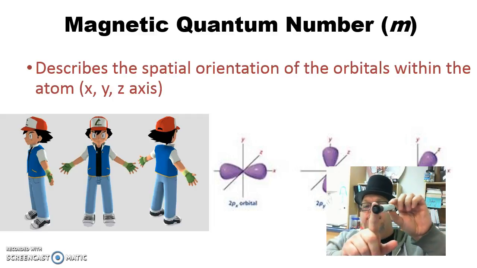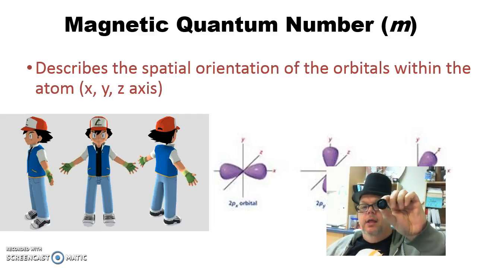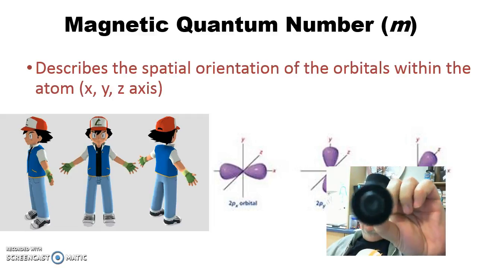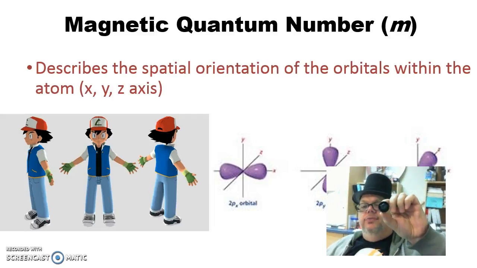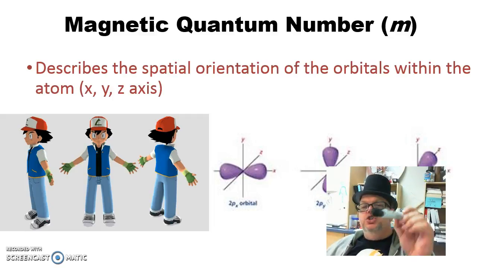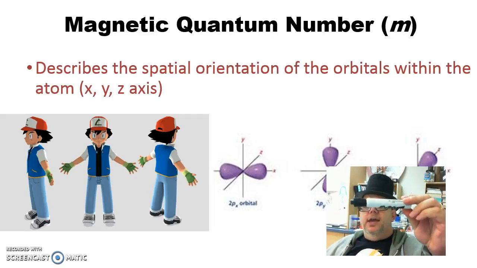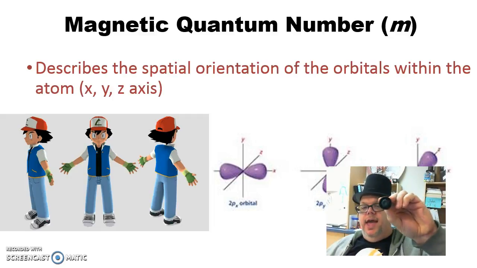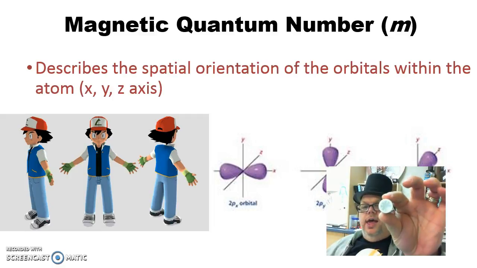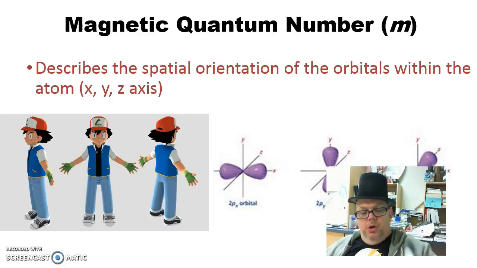If you look at it this way, it's lying directly facing the camera. That's a spatial orientation. So we can look at the y-axis, the x-axis, and the z-axis. We could also flip it around and look at the other side of our Expo marker.